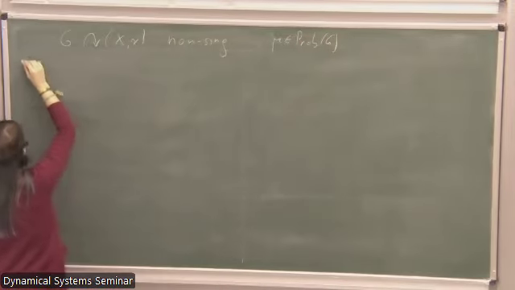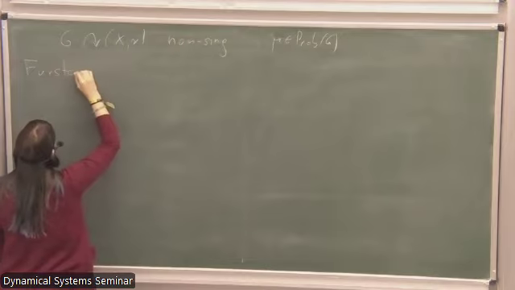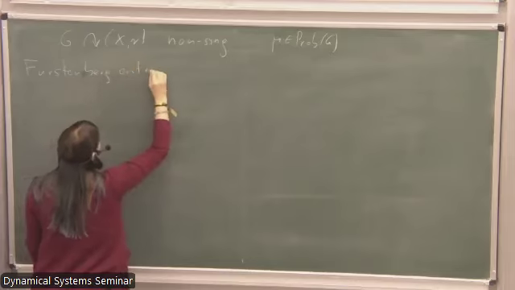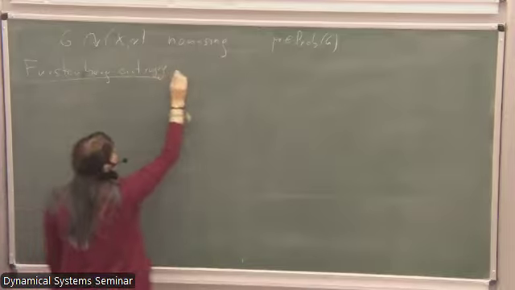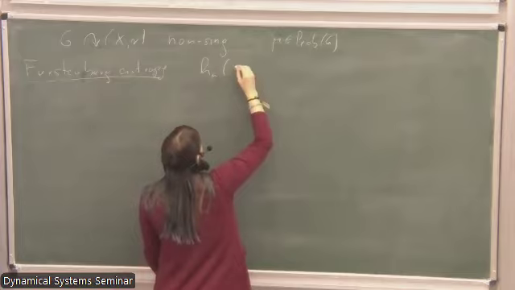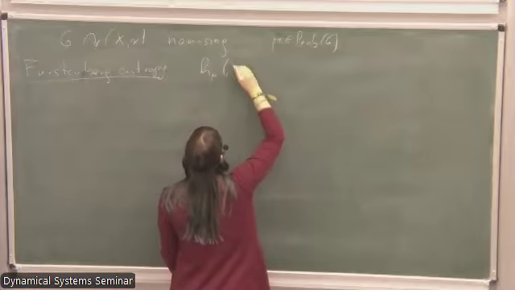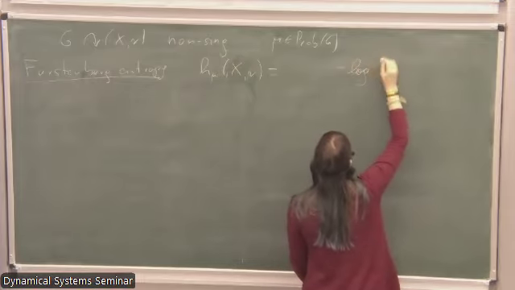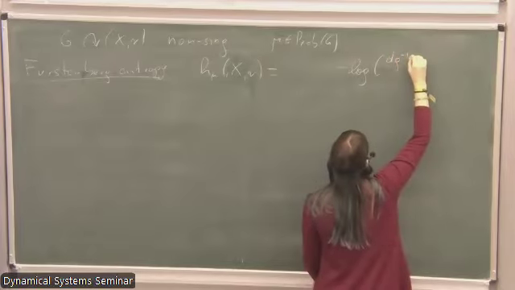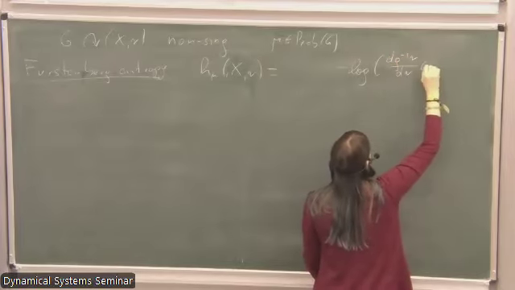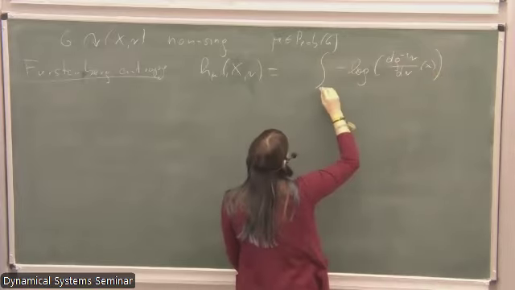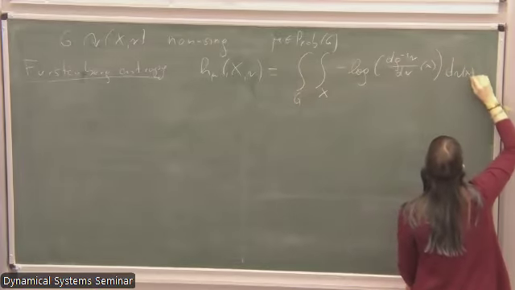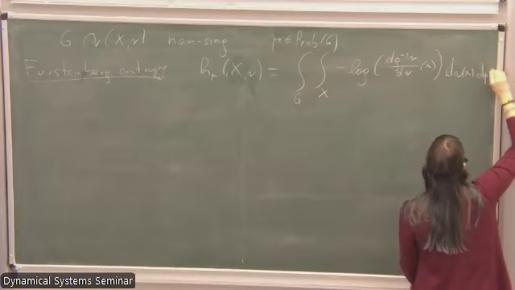And the Fürstenberg entropy was defined as: I take minus log of the Radon-Nikodym derivative when I'm shifting the measure nu with a group element, and I'm integrating over all x, over all g. So I have here d nu of x, d mu of g.